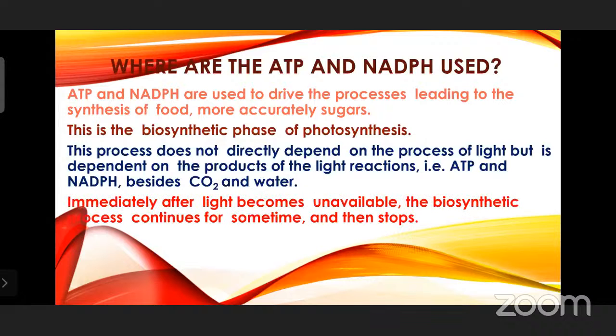So when light reaction takes place during light availability, and when the light becomes unavailable, the biosynthetic process continues for some time and then stops. Why will it stop? Because when light is there, only then will ATP and NADPH be synthesized. When these are there, only then will the biosynthetic phase continue.